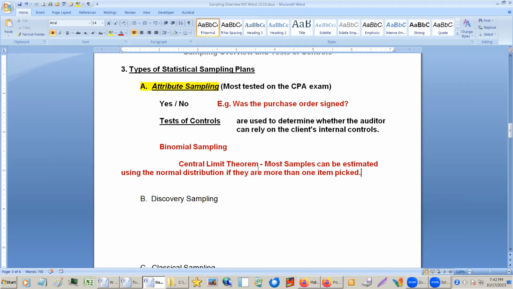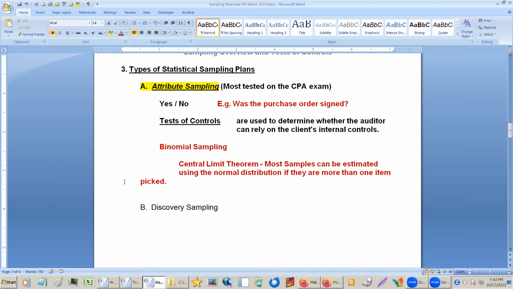Central limit theorem. I'll tell you why this is important to us.